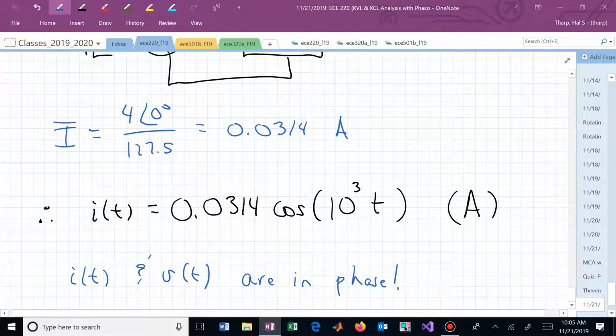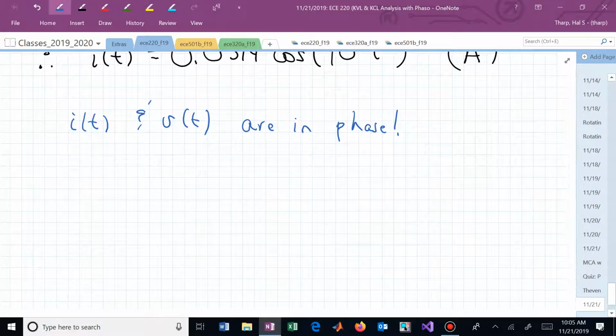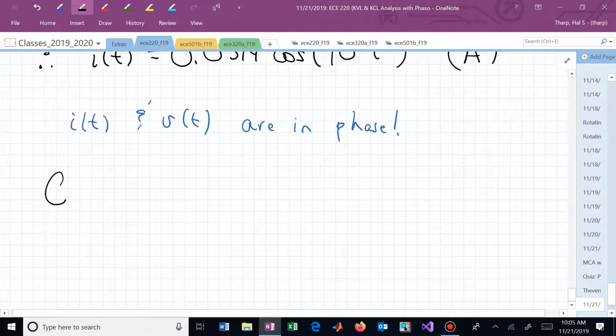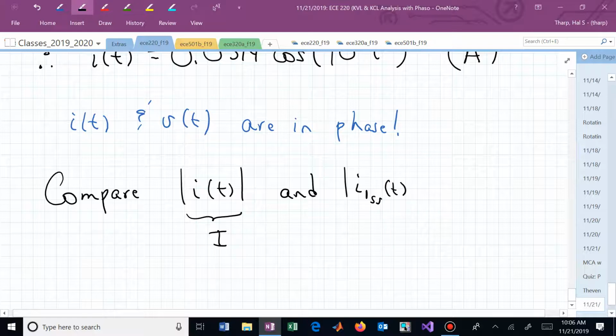Do you remember what we had for the magnitude of little i sub 1 of t? Let's compare the magnitude of i of t, and i sub 1 steady, and this was steady state as well.